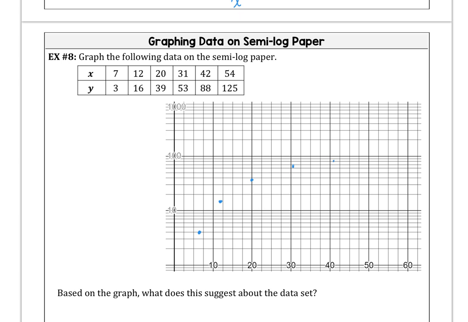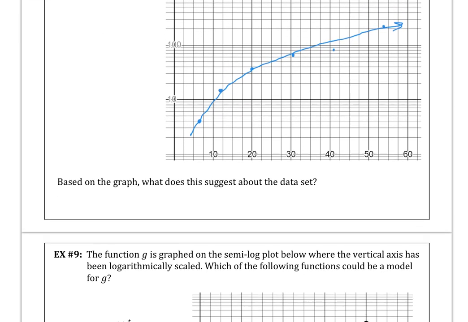And then when x is 54, y is 125, somewhere in there. So it appears like we've got maybe some logarithmic graph here. And since the plot appears logarithmic, the data is most likely linear.